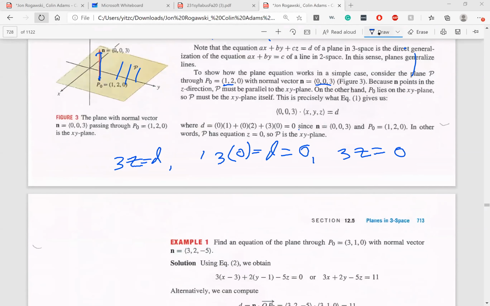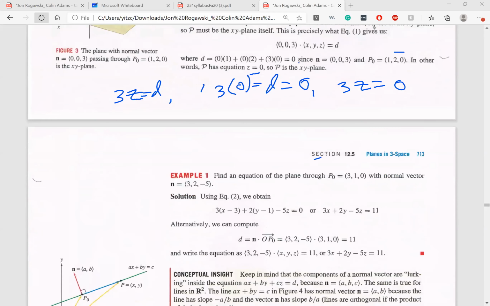So it's also the plane z is equal to 0, same thing, which is the xz plane basically. It's the plane where z is equal to 0. So when is z equal to 0? Down here, where the z direction gets squished. Okay, is this clear?